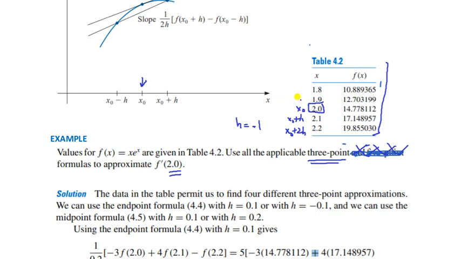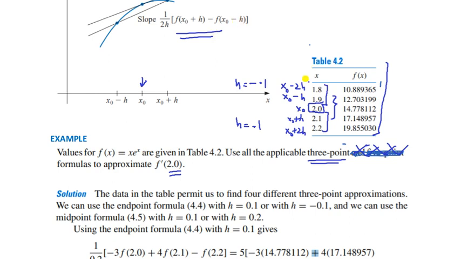I can use 3-point endpoint formula with h negative as well. You see, this is x naught minus h, this is minus 2h. I can use with h negative, means if I use the same formula with h negative 0.1, I can use these 3 points. So this is the second formula, this is the first one, right? I can also use this as a middle point. I can take h is equal to 0.1 and use this midpoint formula with 0.1.